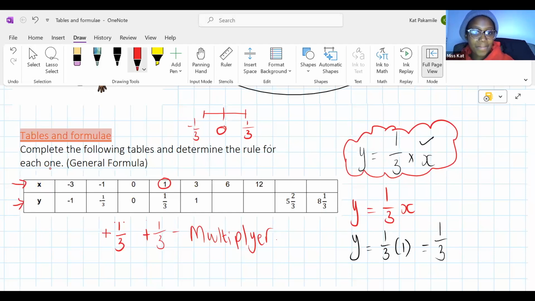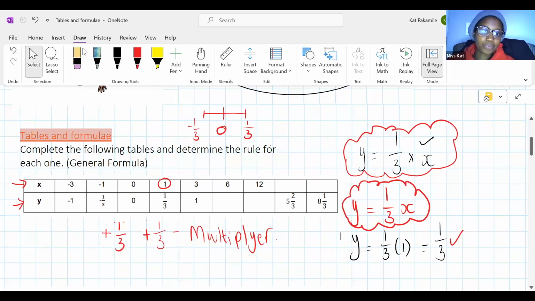Yes. So we want the output below 1. It's 1/3. So that is the output we want, isn't it? Yes, ma'am. Look there. The 1/3 in the table matches the 1/3 that we just worked out over here. That means we don't need to add anything to this formula. It is perfect the way it is.